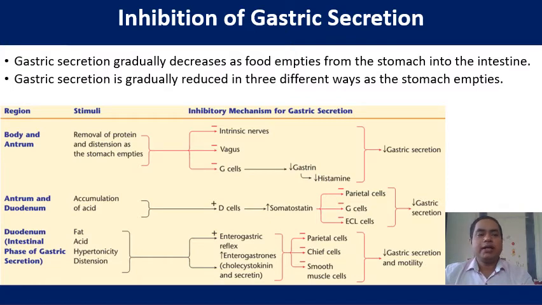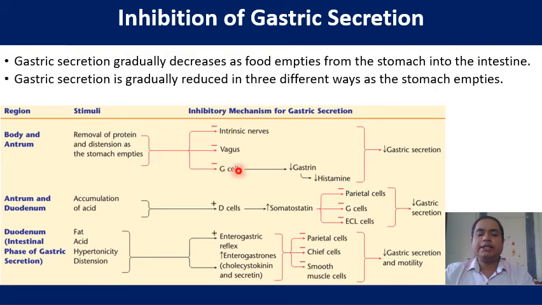From this figure we can understand the mechanism of inhibition for the gastric secretion. Actually, in the body and the antrum part of the stomach, when the protein and peptide are removed, or the distension of the stomach is removed, it inhibits the intrinsic nerve, vagus nerve, and G cell.